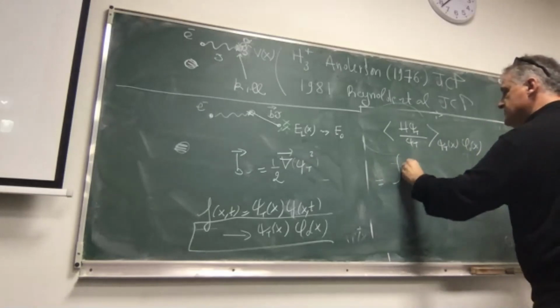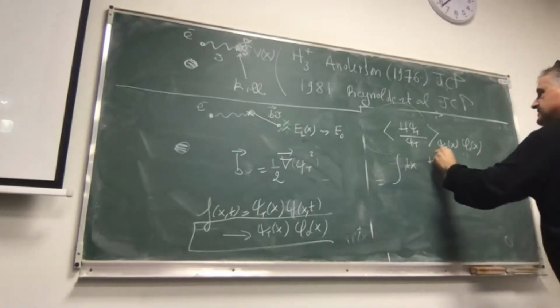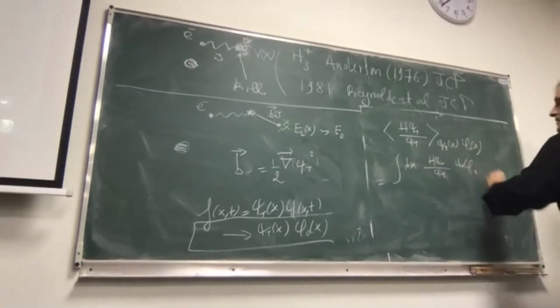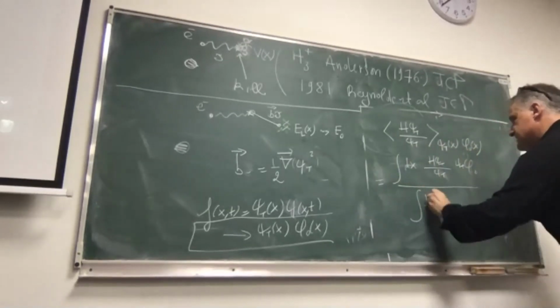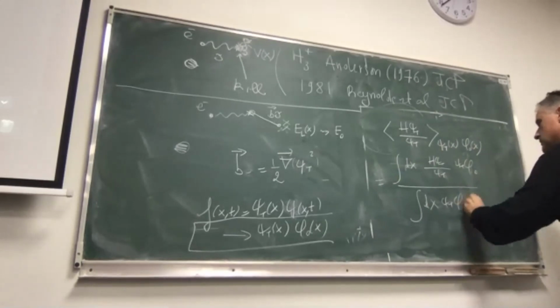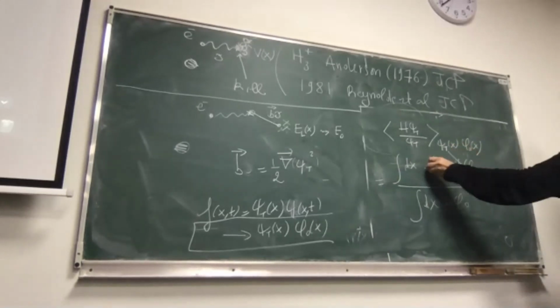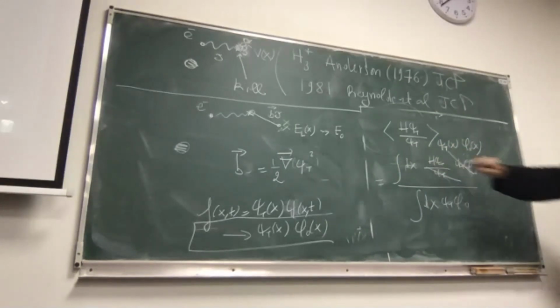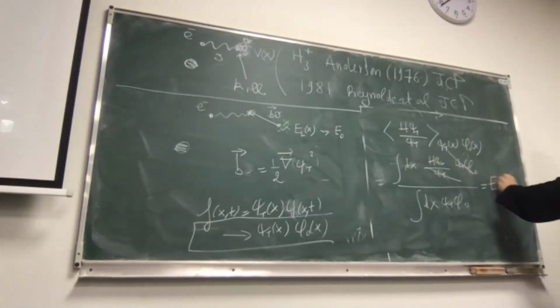You can see easily this is h psi t, psi t, psi t, phi 0 over the integral of dx psi t, phi 0. You simplify by psi t. You use the fact that h is Hermitian, so this is equal to E0.